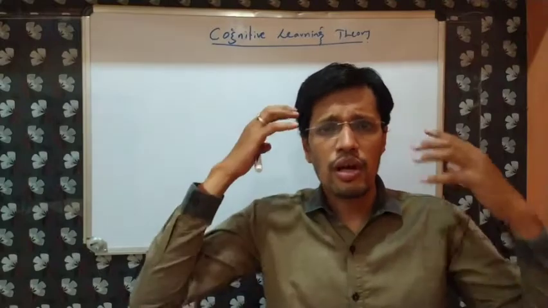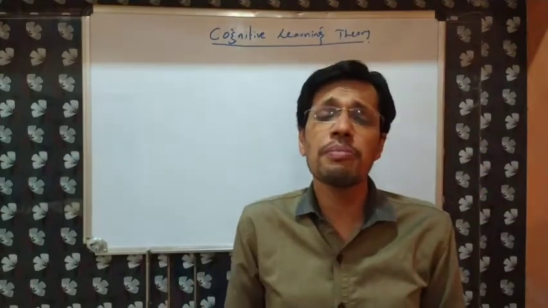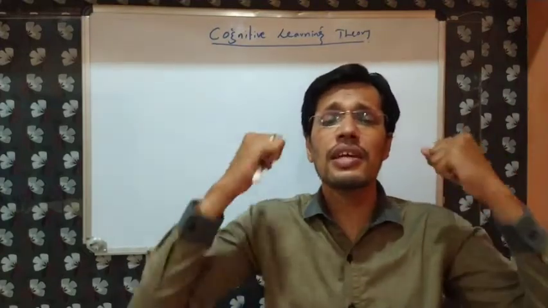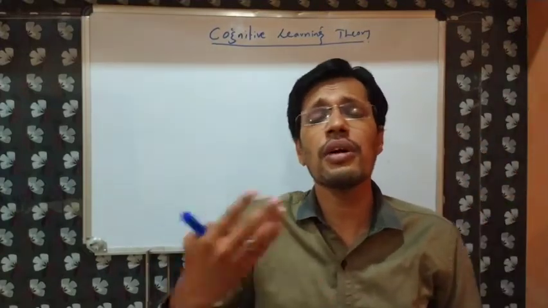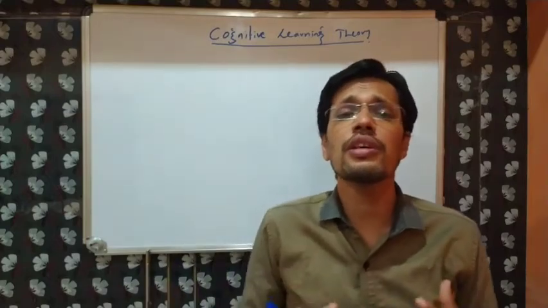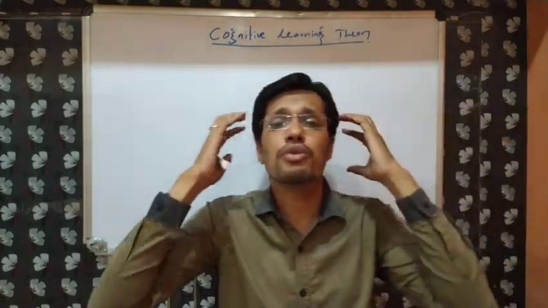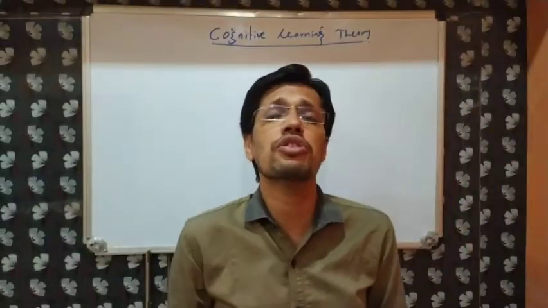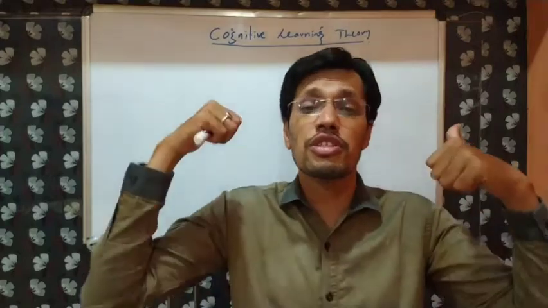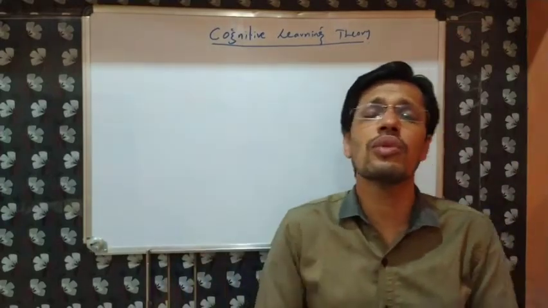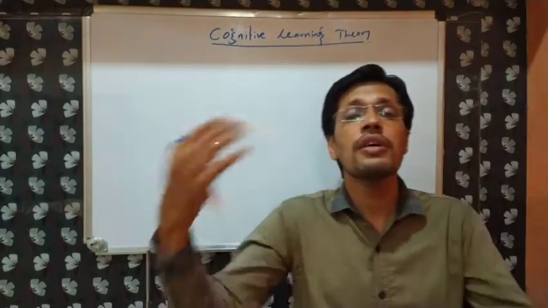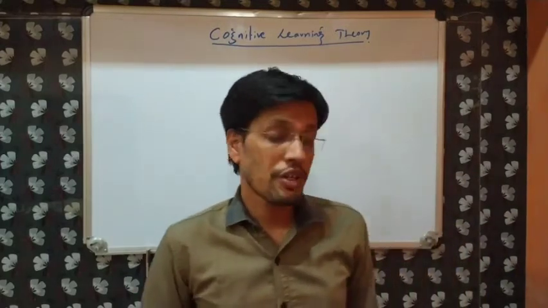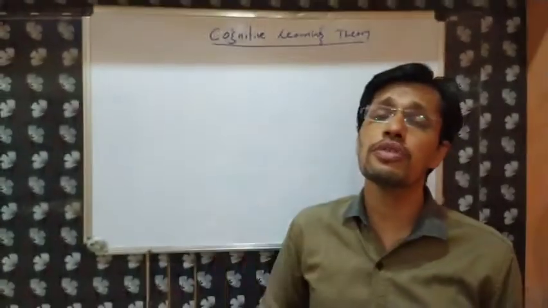It means how mentally sound, how mentally healthy a human being is, that depends on the learning. Learning is very fast when the human brain's memory process is very strong. If a human being's memory process is very strong, psychologically if one is very sound, then that individual could be able to learn better and faster than others.